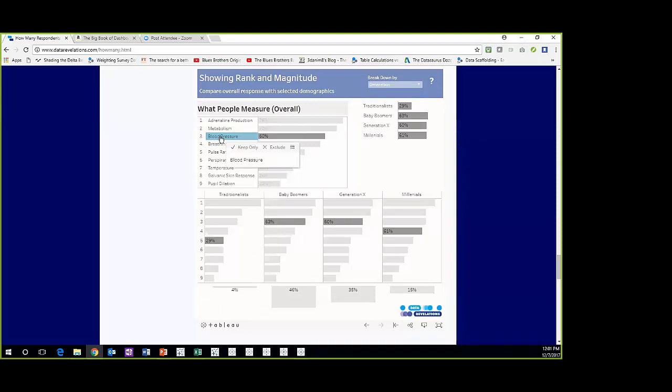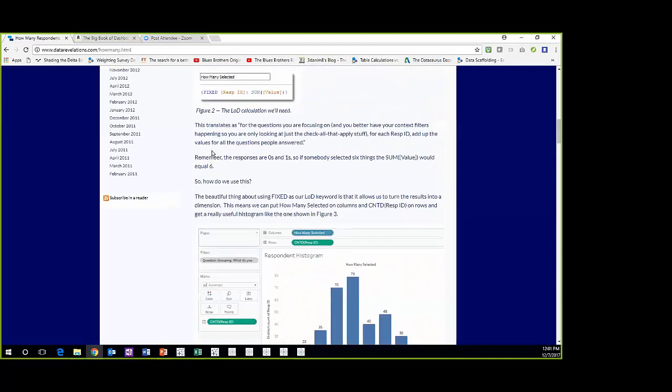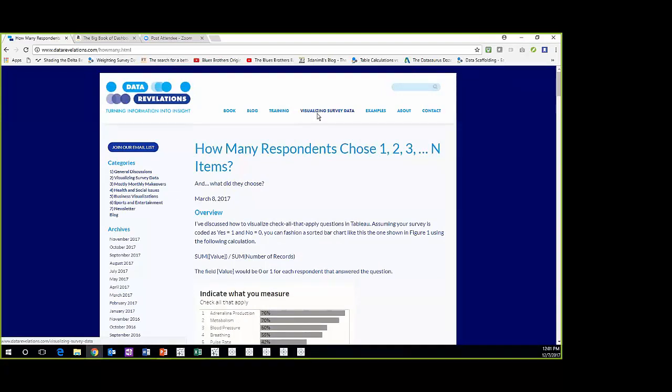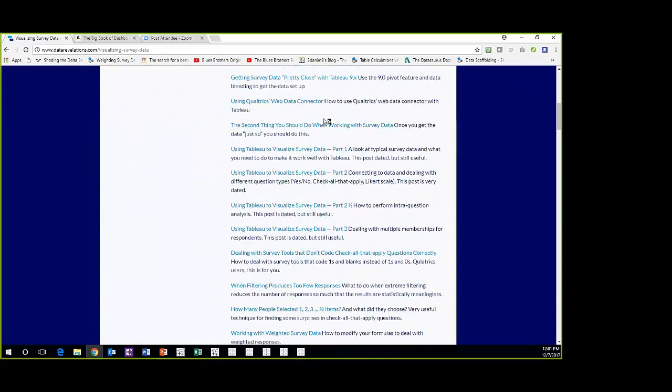To only show, I'm going to steer you to this. Notice I call this showing rank and magnitude. So I'm showing rank. I could just say, filter this by the top 5. But I've got another blog post about this that will show you specifically how to filter.